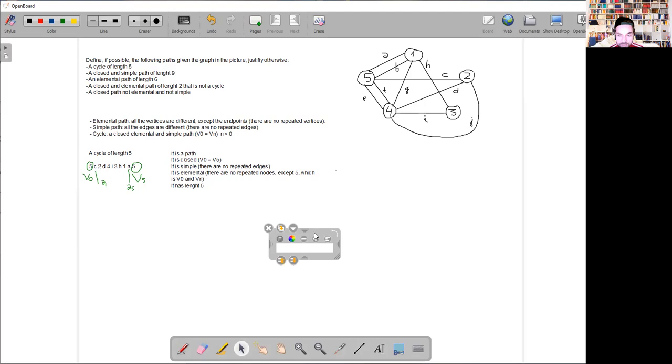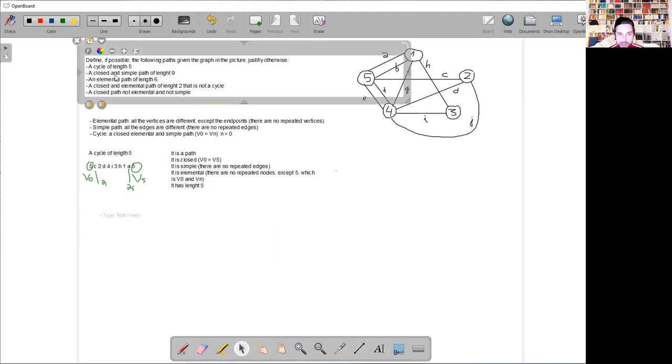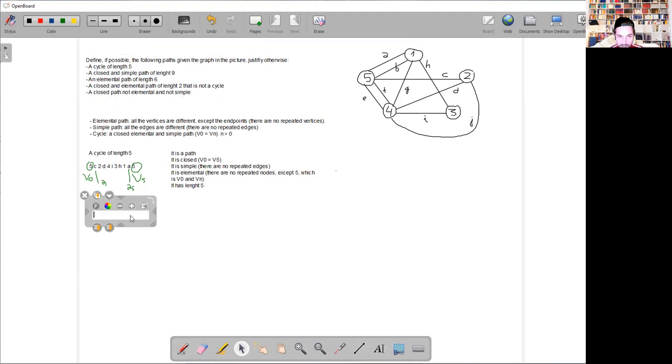Okay, so the next question is a closed and simple path of length 9. Now you have to notice that as the length is 9, it cannot be elemental.